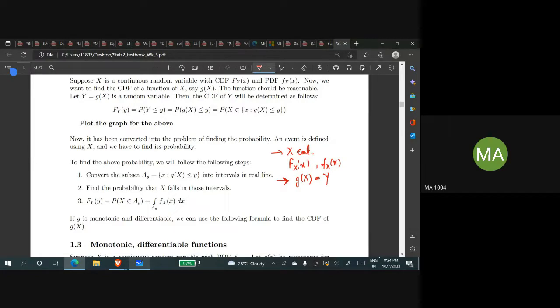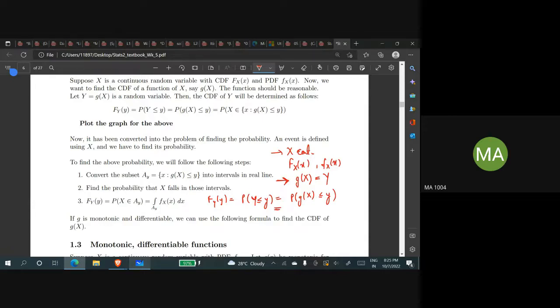It's the same thing that we did previously. Fy of y is the probability that Y is less than or equal to y, and this Y is nothing but g of X less than or equal to y, right? So first we have to find a relationship between CDFs basically. Using the CDF approach, you can actually find the probability for the function of a random variable.